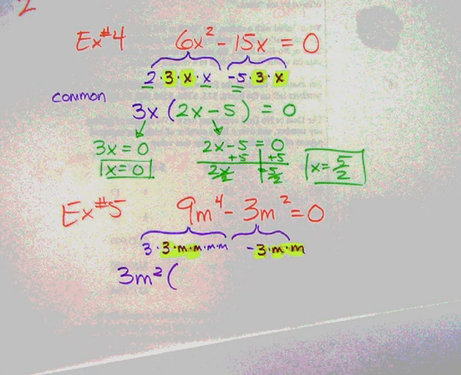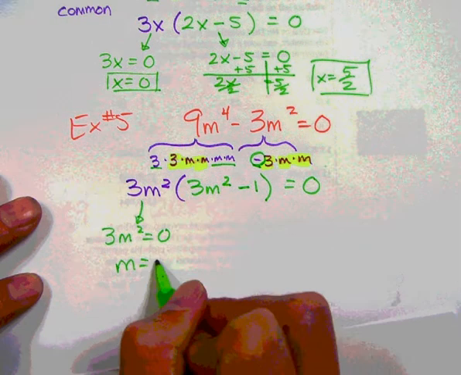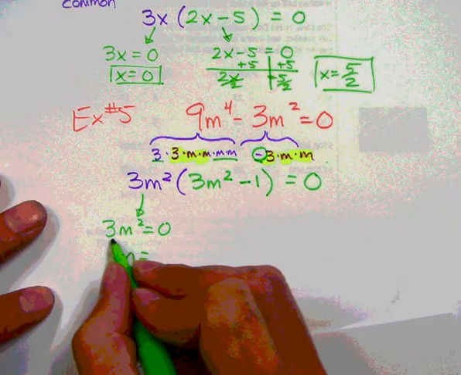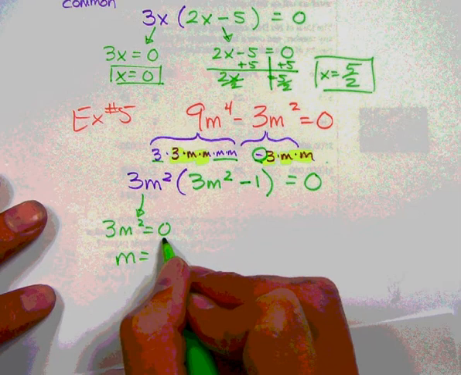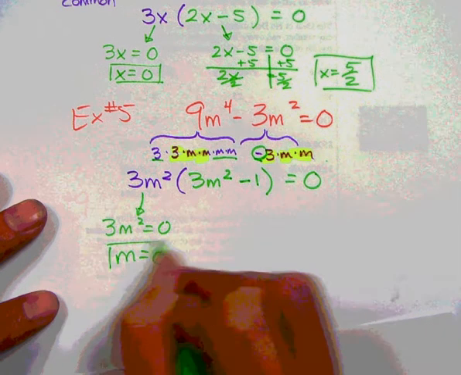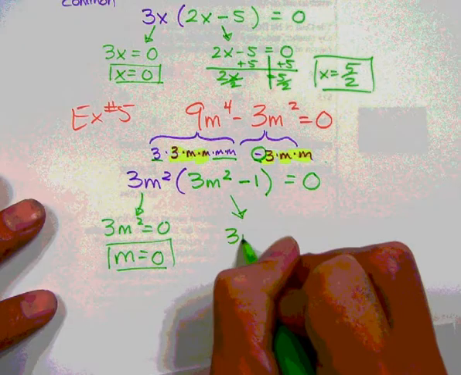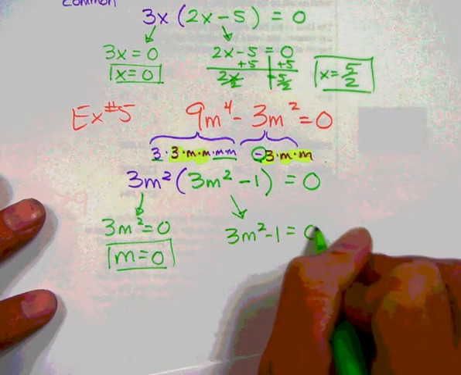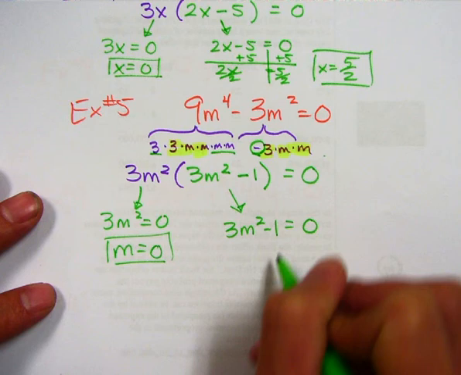I say, when will this equal 0? You'll find out that m equals, well, let's see. You divide both sides by 3. That gives you 0. You square root that. It's still 0. And then when will this equal 0? Well, now I'm giving you a more challenging question, but I think you can handle it. I add 1 to both sides.